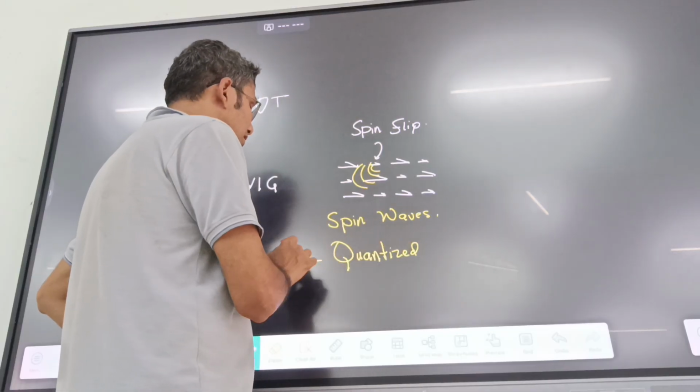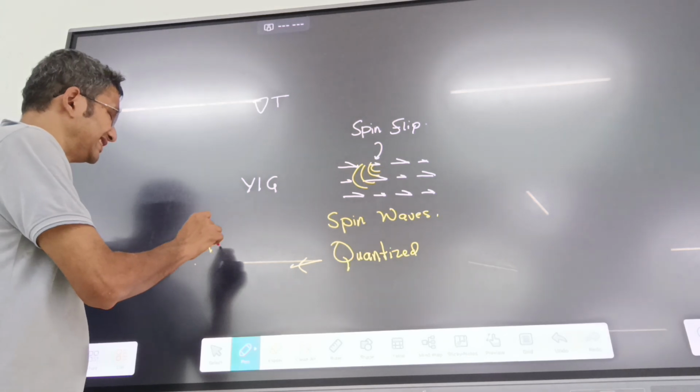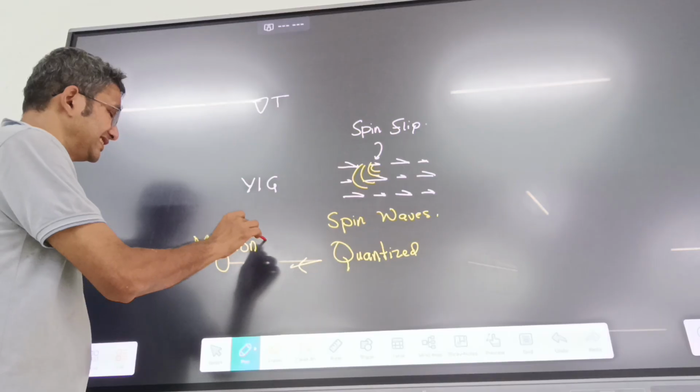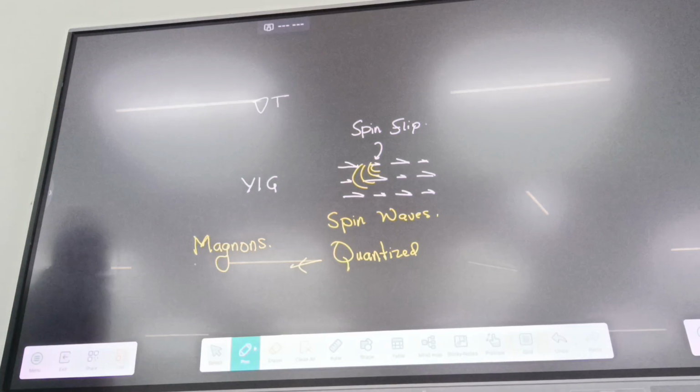और उनका क्वांटाइजेशन को हम लोग बोलते हैं मैग्नॉन्स. Magnon is a quasi-particle.